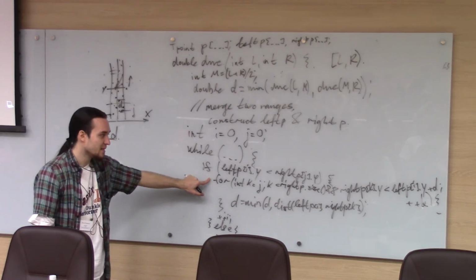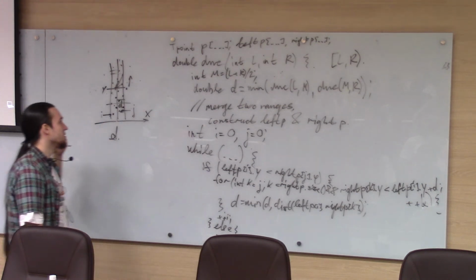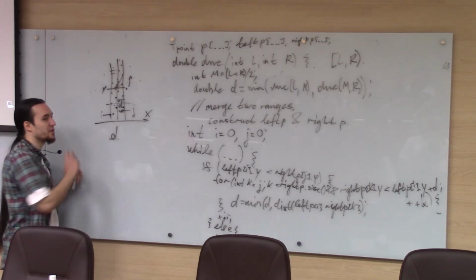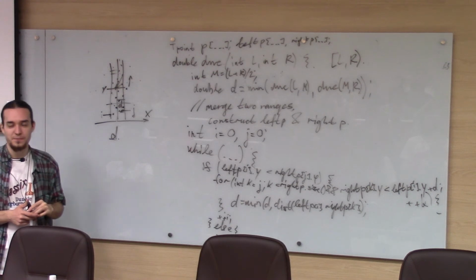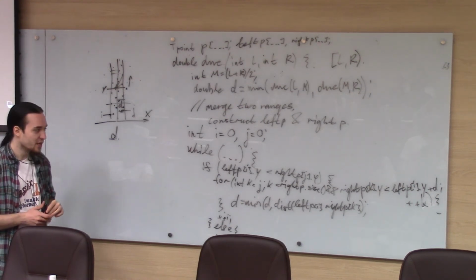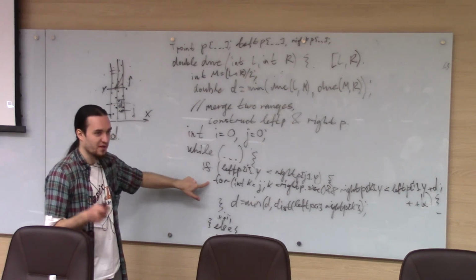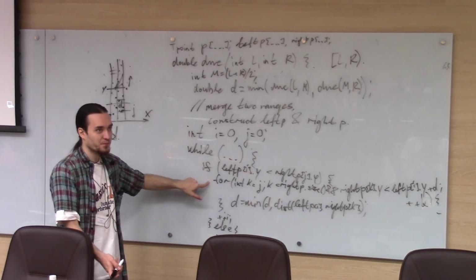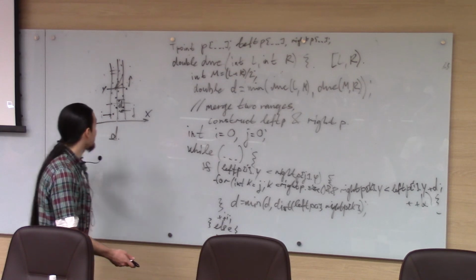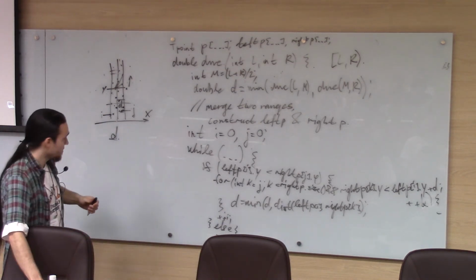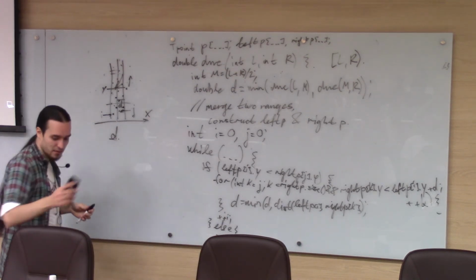If we didn't have the constraint that the points on either side are at least d apart, it could happen that this cycle worked for linear time every step. But it's quite convenient that we have this constraint.